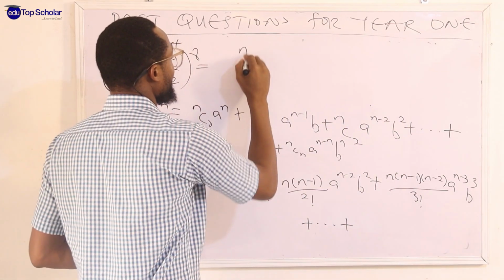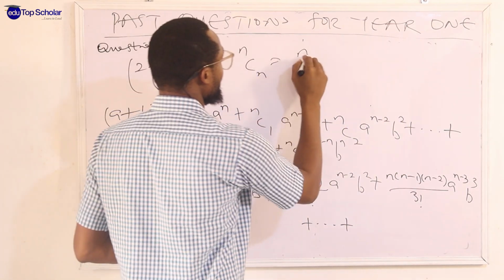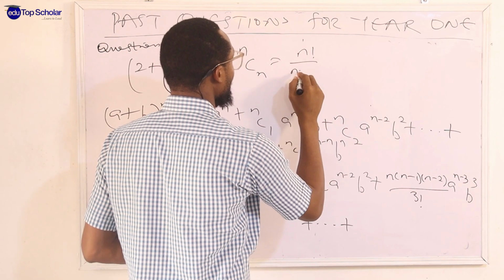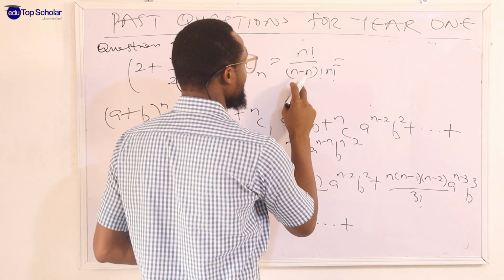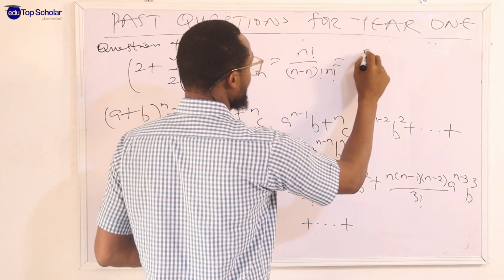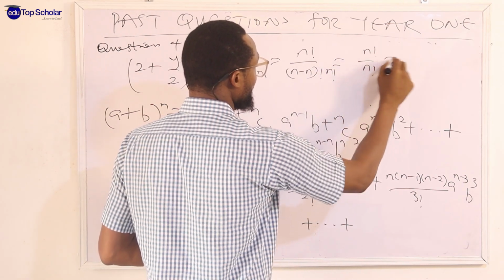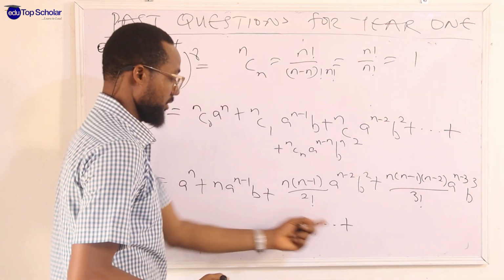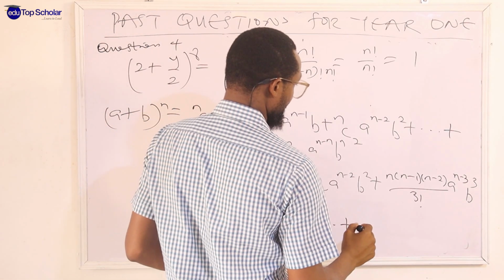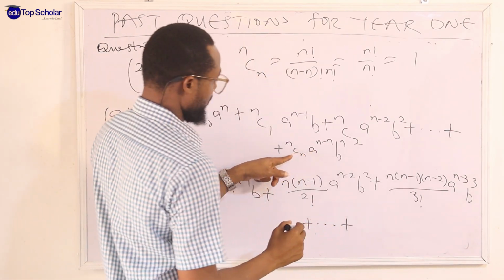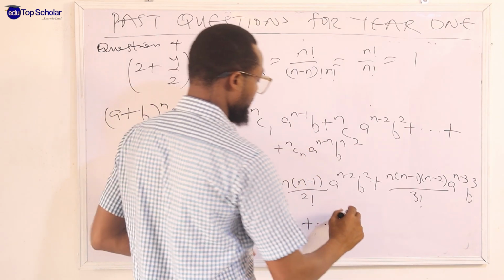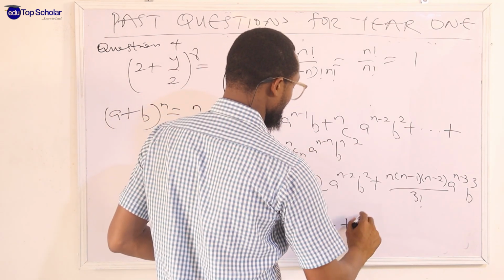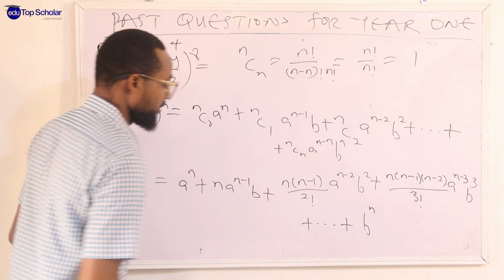So n combination n is n factorial over n minus n factorial n factorial. n minus n is 0, and 0 factorial is 1. So we have n factorial over n factorial, which gives us 1. Then a raised to power n minus n is a raised to power 0, so that will be 1 also. So we have b raised to power n as the last term here.